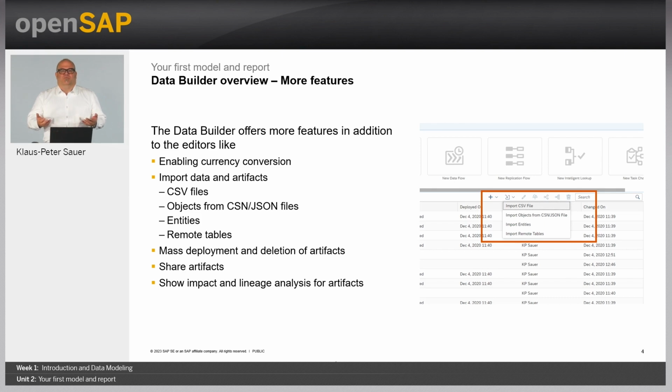The remote table import allows the creation of remote tables from connected systems. The overview is also the place where you can execute mass operations, meaning data sharing, deploying, and deleting multiple models. You can also look at the impact and lineage analysis for artifacts from the Data Builder overview.